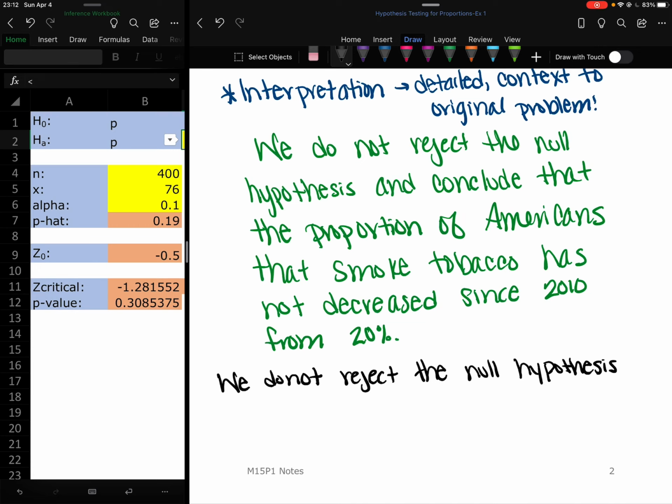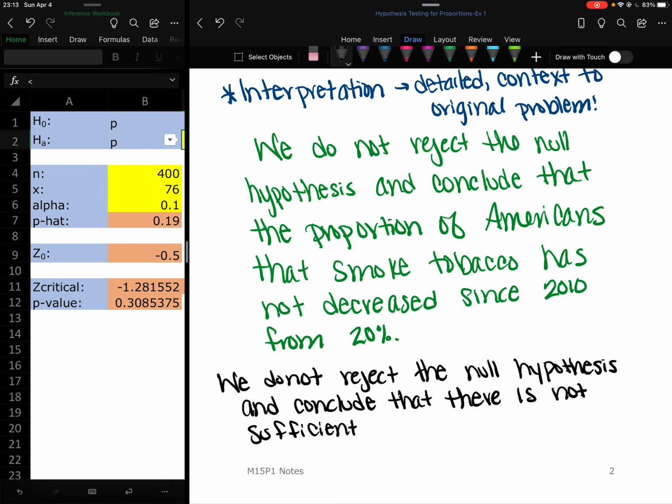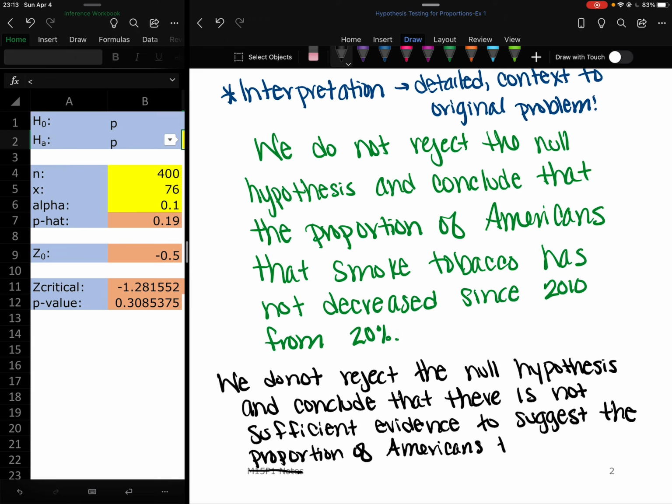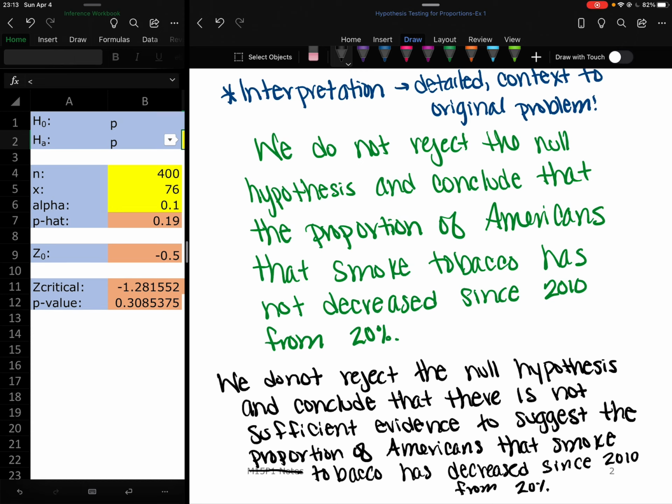So we do not reject the null hypothesis and conclude that there is not sufficient evidence to suggest the proportion of Americans that smoke tobacco has decreased since 2010 from 20%.